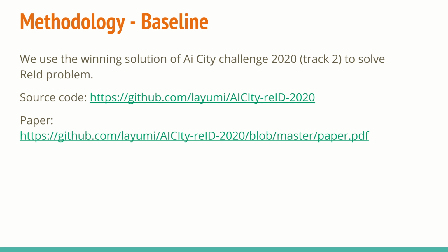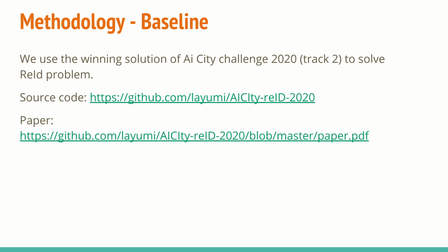About the methodology or the baseline, I use the winning solution of the AICity Challenge 2020 Track 2 to solve this re-identification problem. The AICity Challenge is a very famous challenge to solve smart city problems regarding traffic, and Track 2 is the re-identification problem.